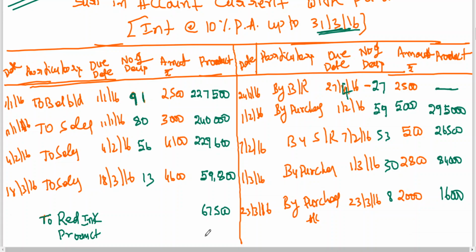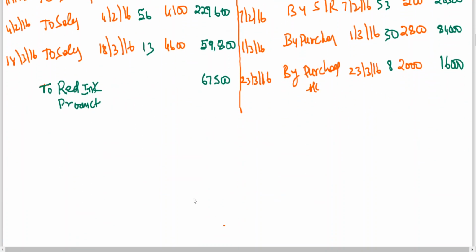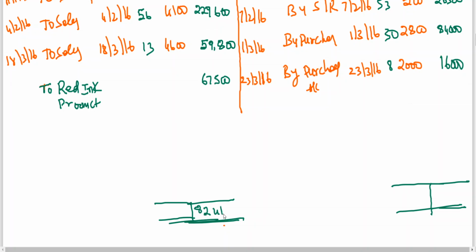I am writing this total, eight lakhs. First you can write with the pencil. Then if the debit side is showing less, you can erase it.